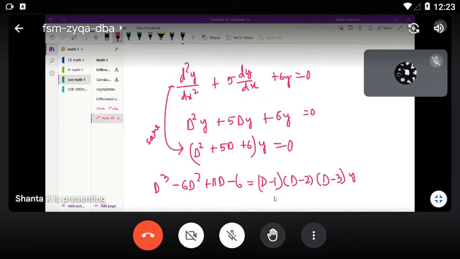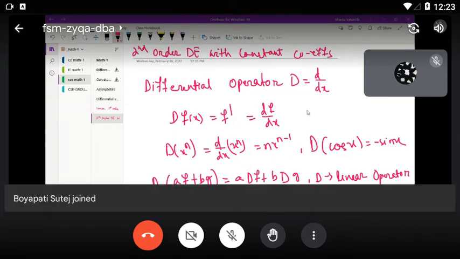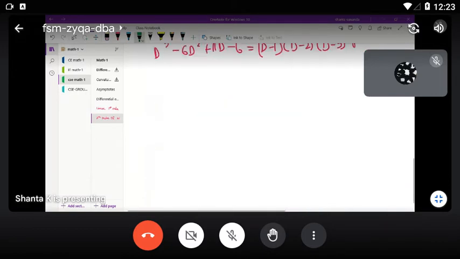Okay, now we will look at what I have said, the second order differential equation with constant coefficients. We will go for the homogeneous one. Let's see first the homogeneous case. Now, this homogeneous equation of second order, how will it look?